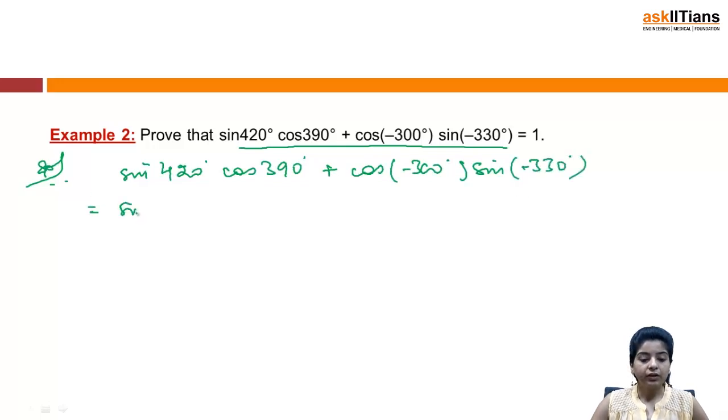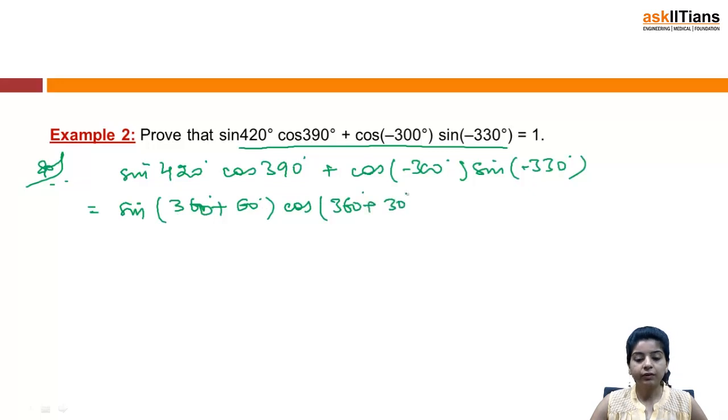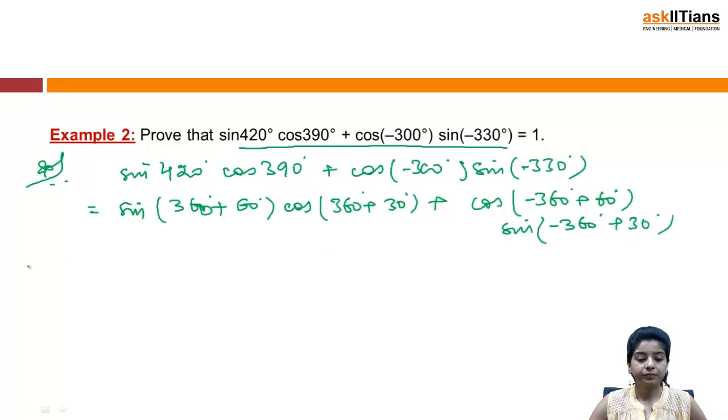I can write it in the form of 360 plus theta. Sine 420 can be written as sine 360 plus 60. Similarly cos 360 plus 30. Then I have cos of minus 300, which can be written as cos of minus 360 plus 60, and sine of minus 330 as sine of minus 360 plus 30.